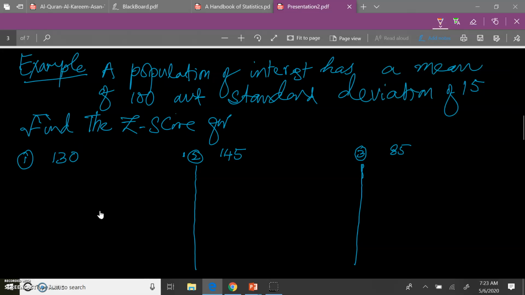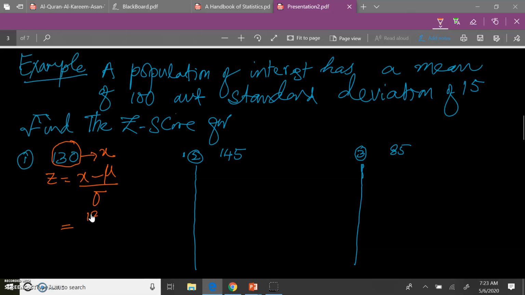We use the formula z equals x minus mu divided by the standard deviation. This is the value we want to compute the z-score for, so this is our x.